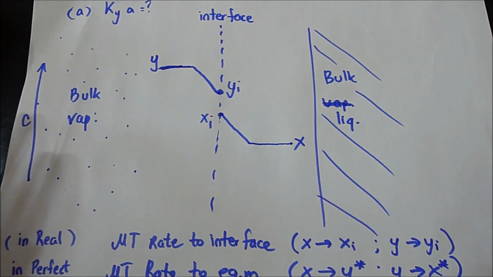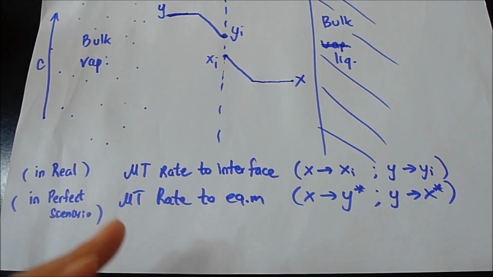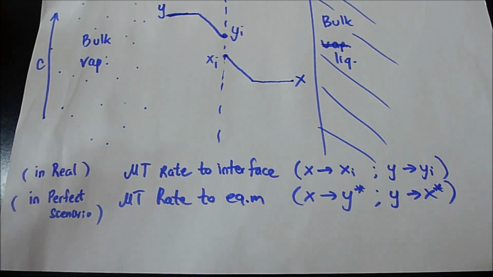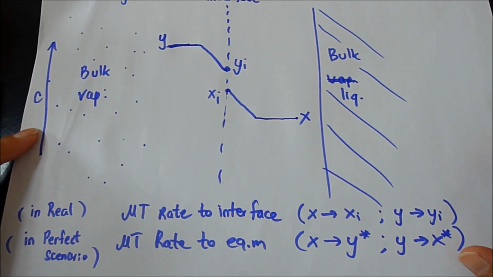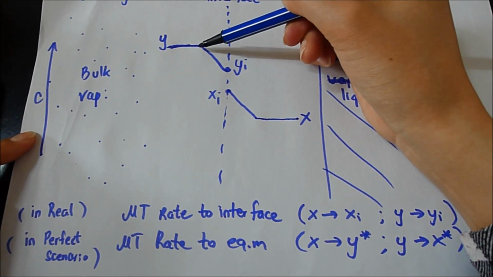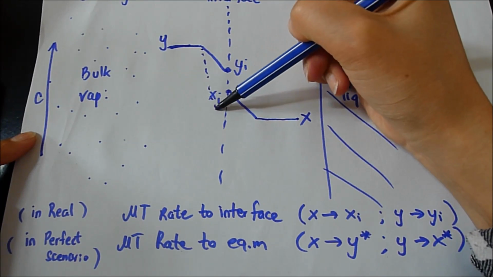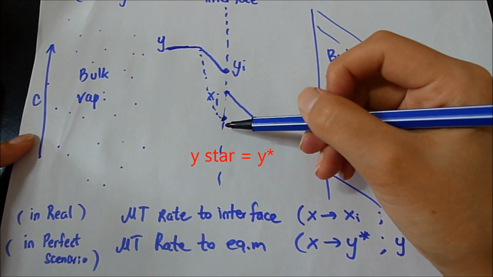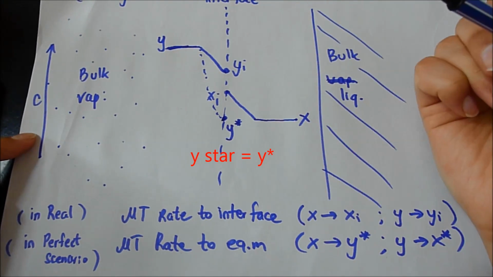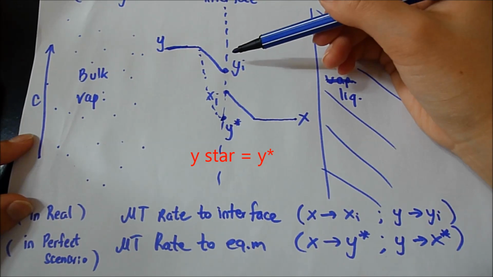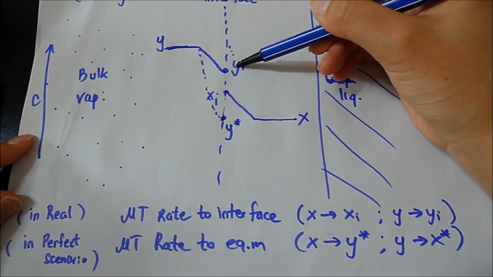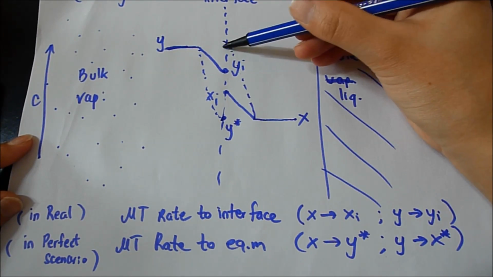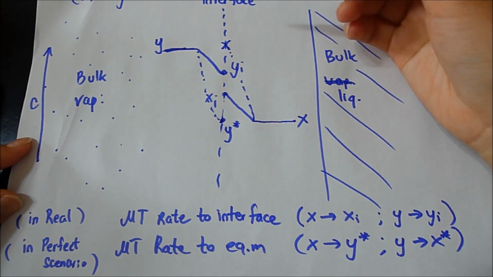So in this sense, the equilibrium mass transfer is for the perfect scenario, because it is assuming that y is going to be perfectly equal to x. So this is x star, and x will be equal to y. So it's assuming that the mass transfer will be perfect.